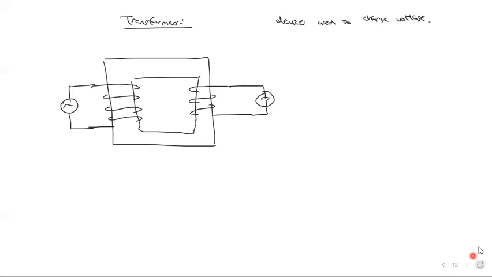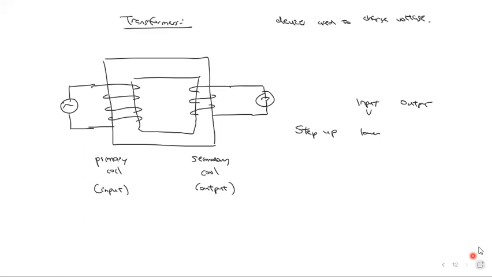The reasons we do that are numerous, but for that reason, a step-up transformer is going to be when your primary coil has a lower voltage than your secondary coil. So this is your input, and this is your output. So basically, you'll have a step-up transformer where the input voltage is lower and the output is higher.